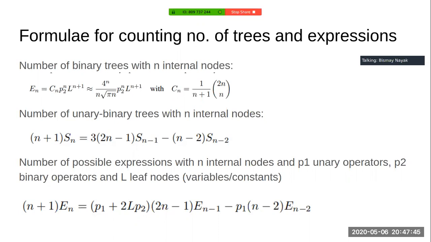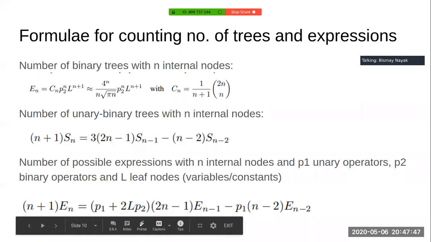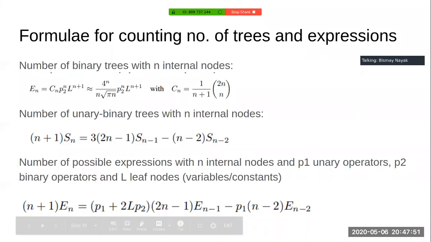So you'll have to use recursion to calculate these values, and using the second term, the authors were able to find the final formula, which calculates the number of possible expressions given n internal nodes, p1 unary operators and p2 binary operators. Now you can see that in the second expression, we calculate the number of possible unary-binary trees.